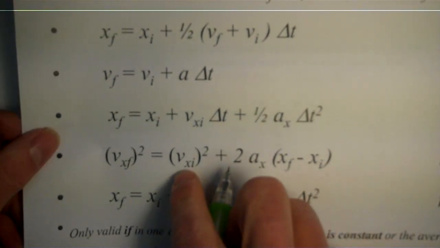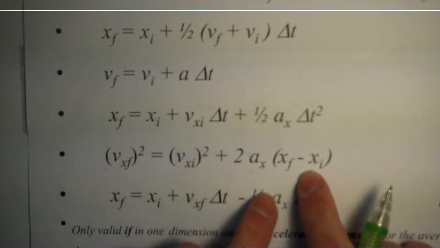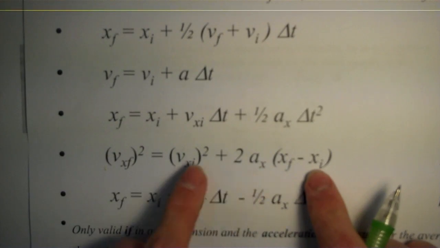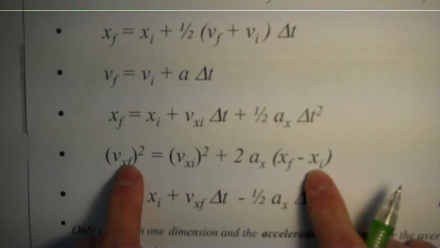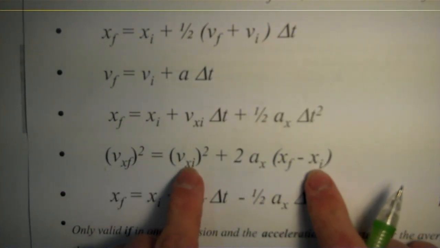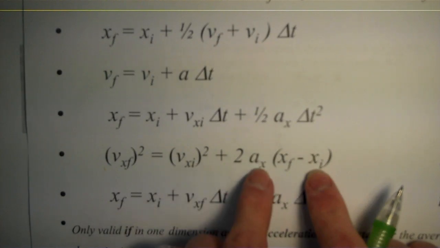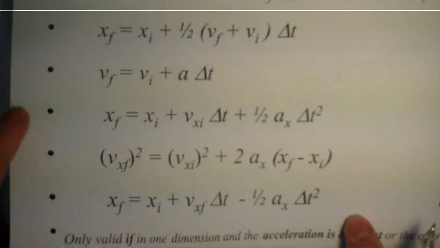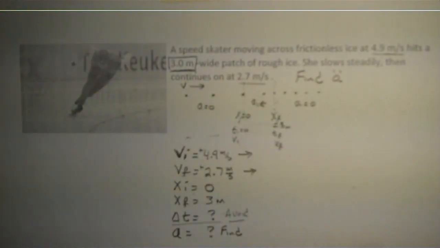I look at my list. Here's the one that is not for time. That's this equation. This equation will have everything I need, and the one thing it's missing will be the thing I want. It has the final velocity, I have that. The initial velocity, I have that. The acceleration is what I'm looking for. The initial and final positions, I have those. So that equation is going to work.